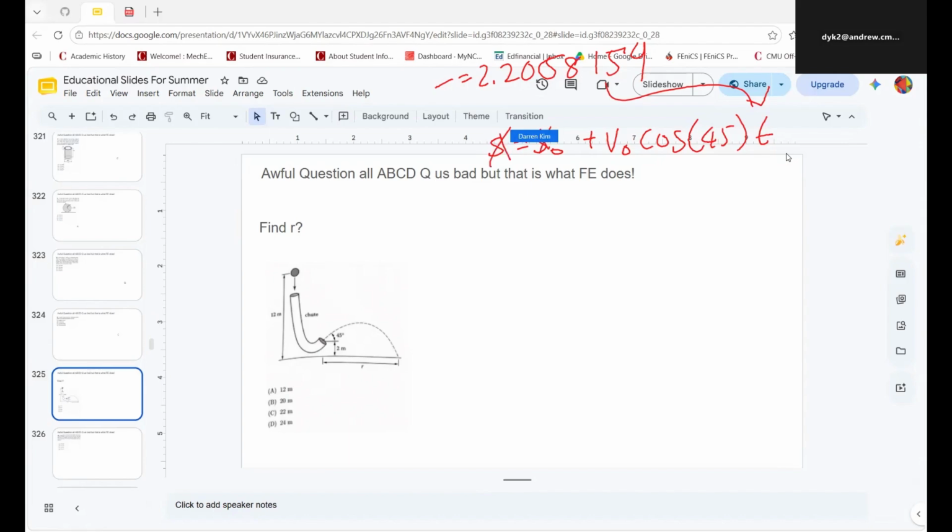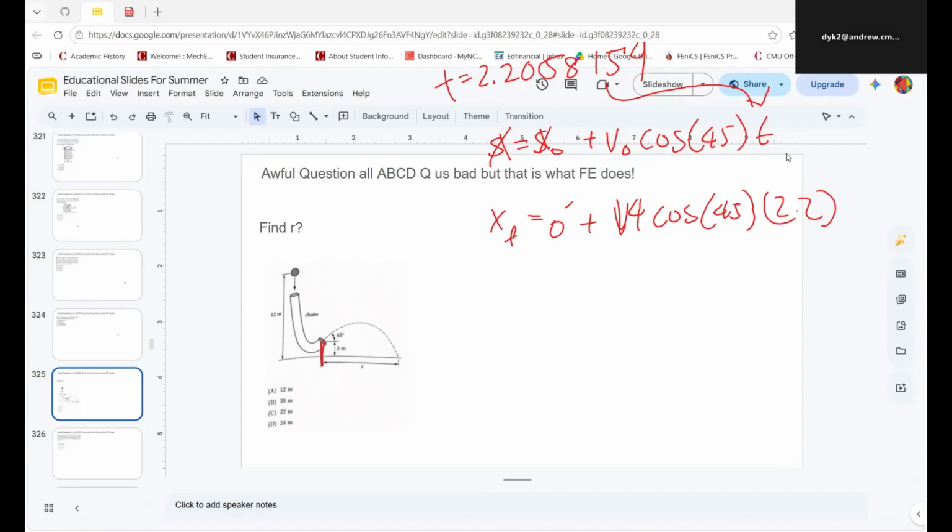x final equals the initial x, which we can call 0, plus v, which is 14 cosine 45, times 2.2. Grab your calculator again. So 0 plus 14 cosine 45 multiplied by 2.2058154.